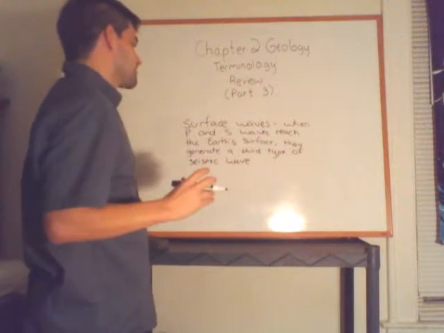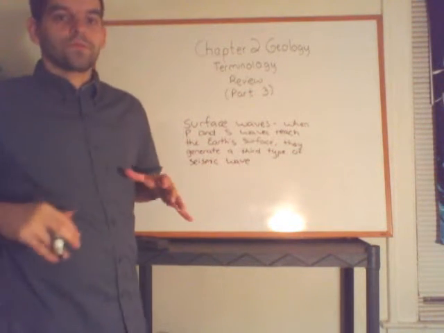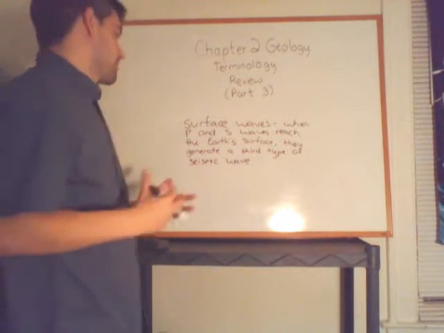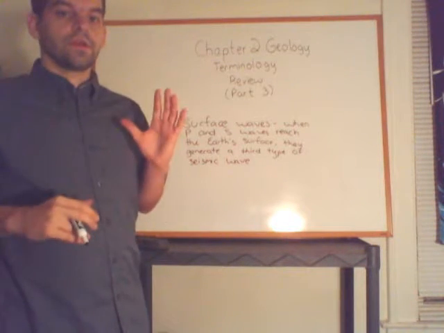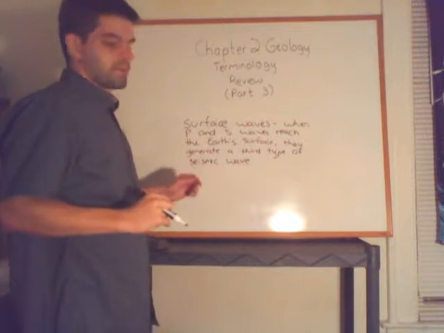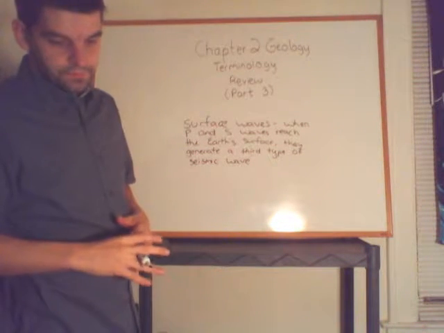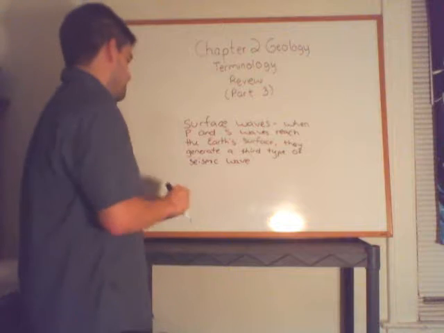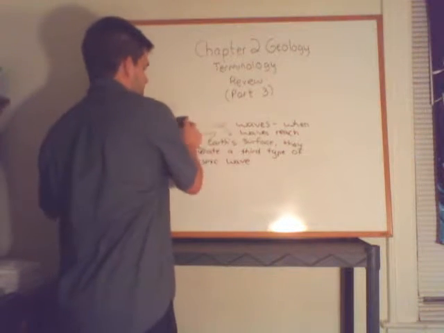Okay, surface waves occur when there's almost a collaboration, when P and S waves both reach the Earth's surface, and they generate this third type of seismic wave. Okay, let's look at our next definition.